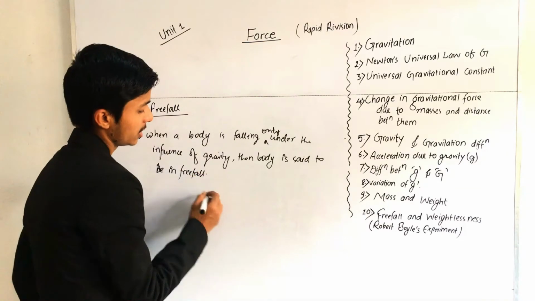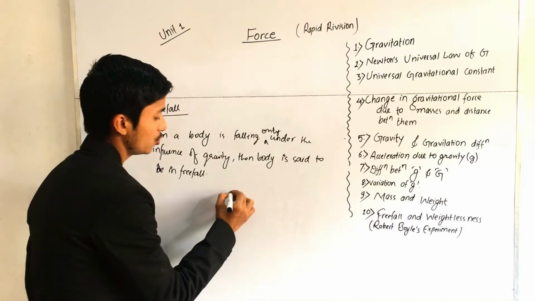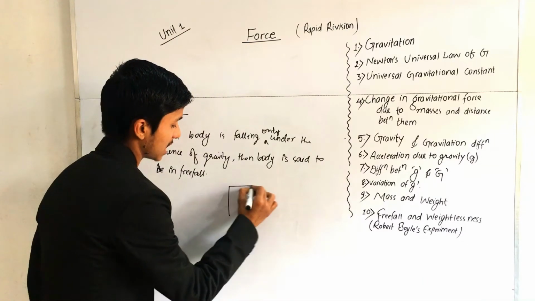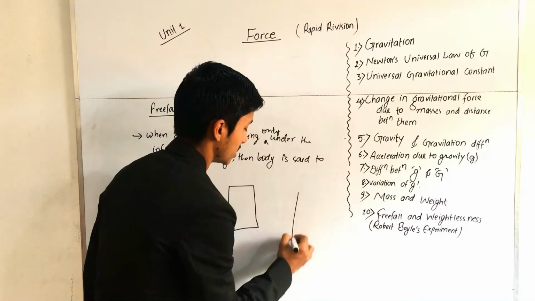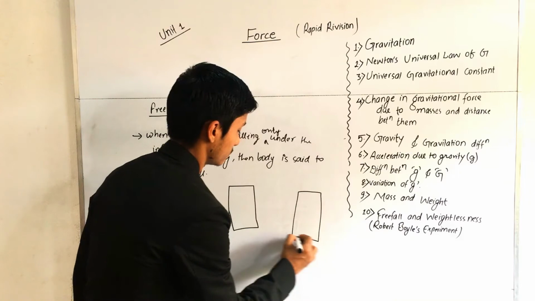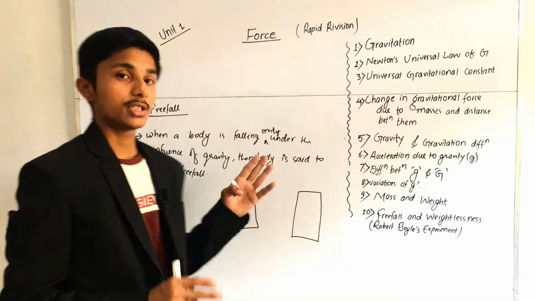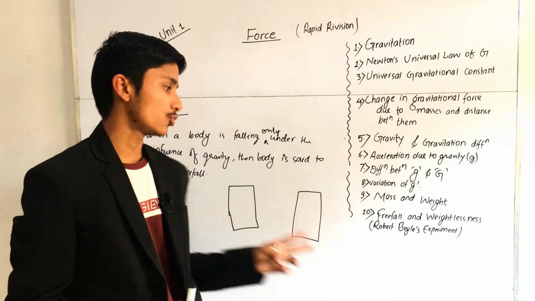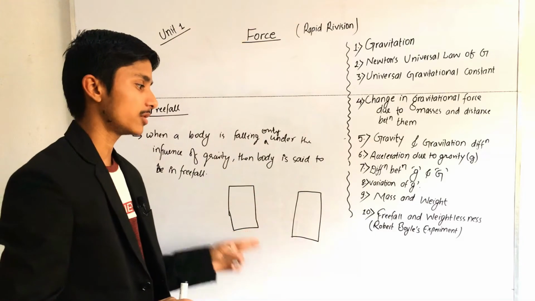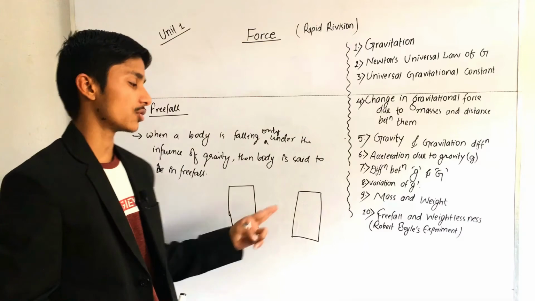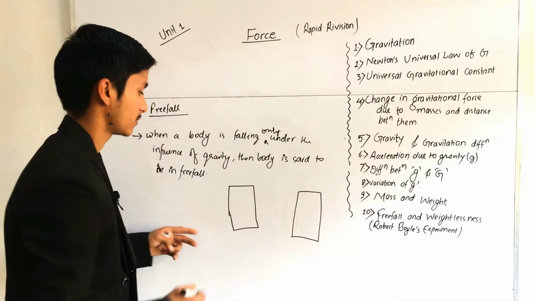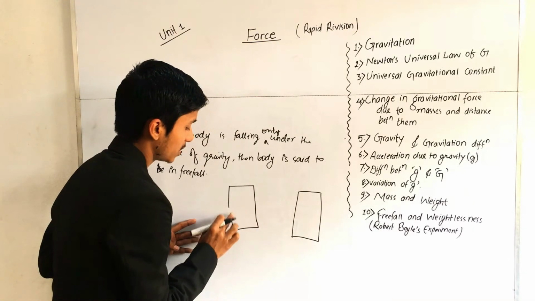What happened in that experiment? Two jars are taken, and two bodies are taken to perform this experiment, that is coin and feather. So this experiment is known as the coin and feather experiment. What happened in the first case?